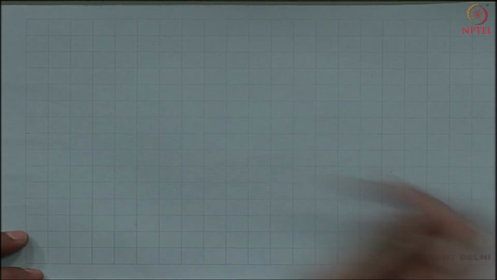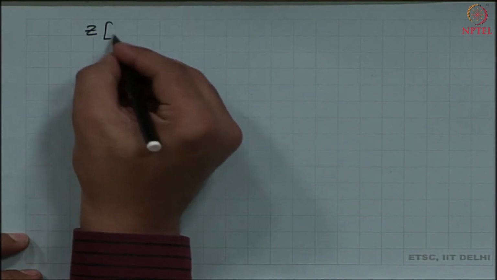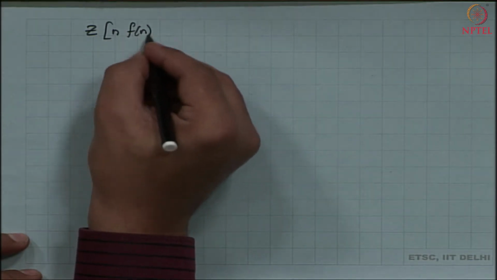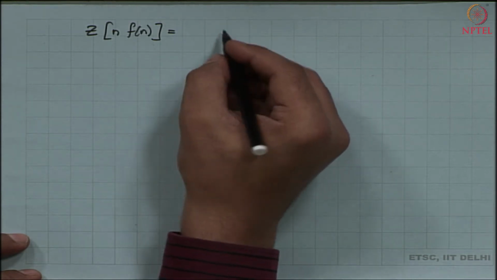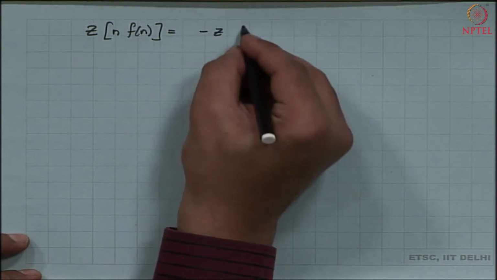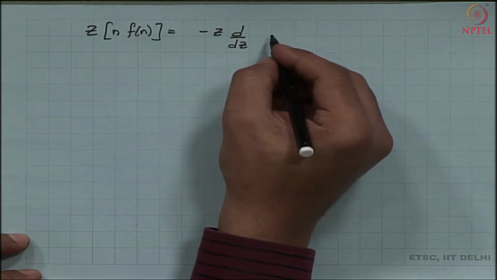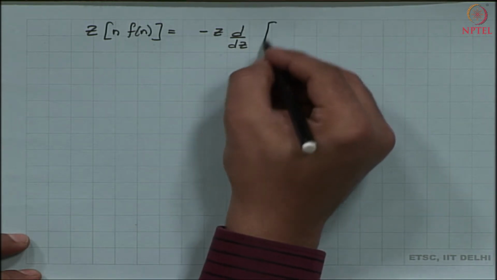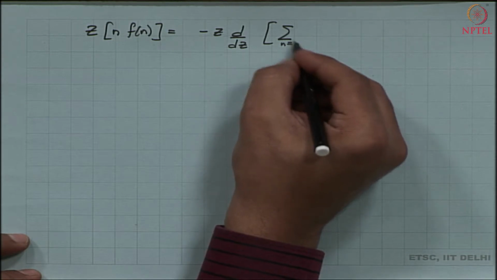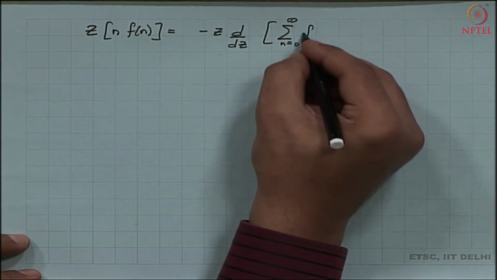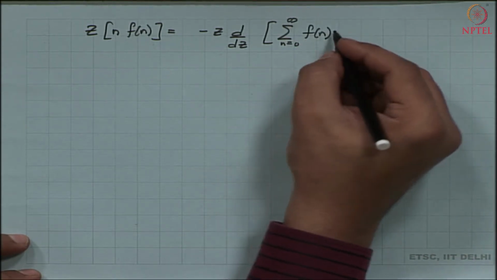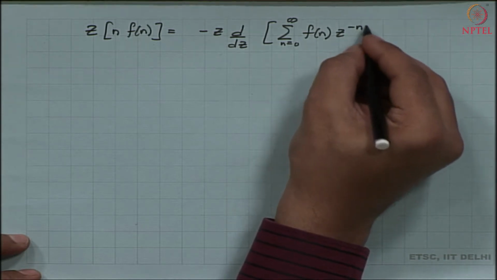So, if I do that, what I get is that the Z transform of n times f of n is negative z. I have taken the derivative outside the summation. So, d d z of summation n from 0 to infinity f of n times z to the power negative n.